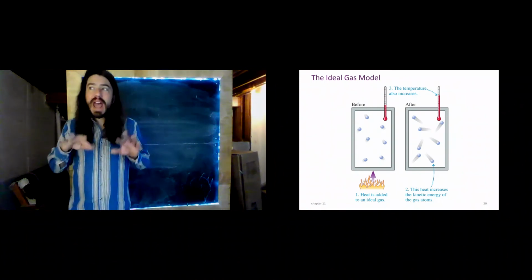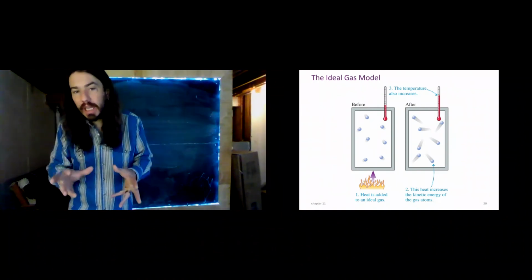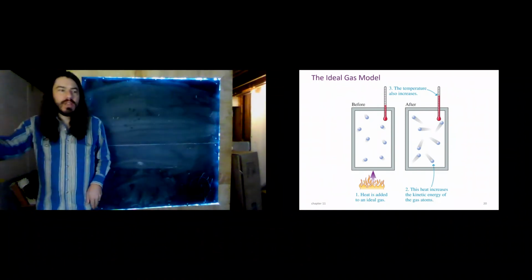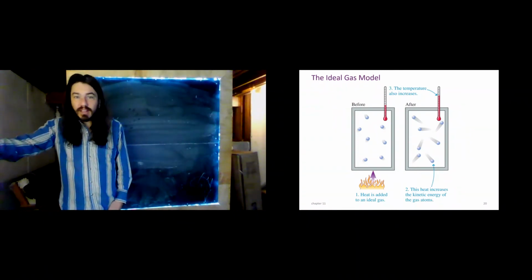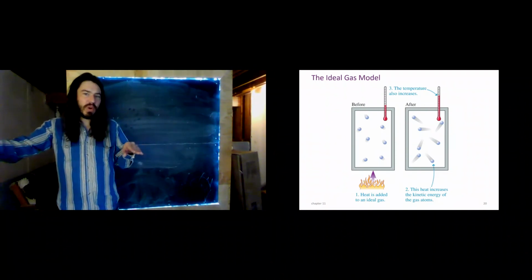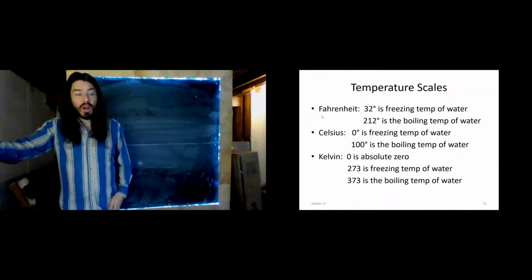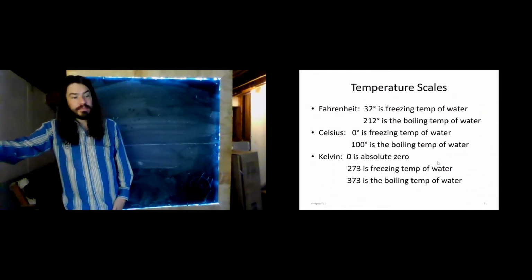So you can see that absolute 0 has some very important physical meaning. It's not just arbitrary the way that the scales of Fahrenheit and Celsius are. So absolute 0 is where all molecular motion ceases, and you can't have less than no motion. So absolute 0 is the coldest temperature that one can possibly have.